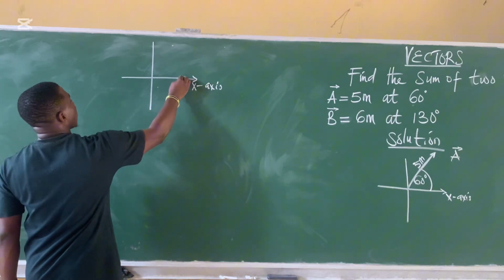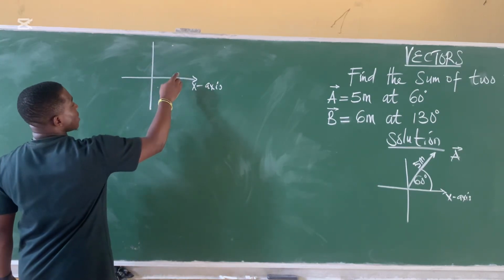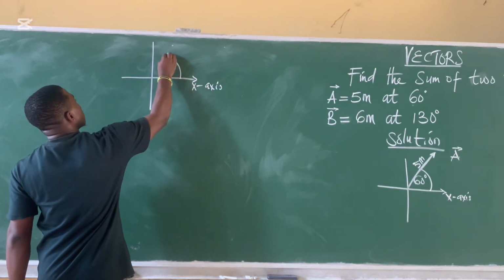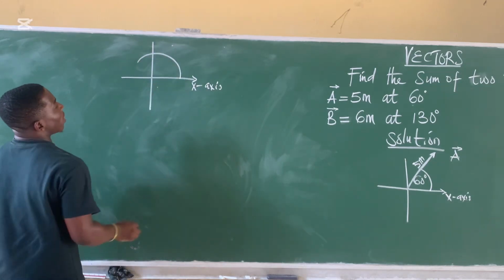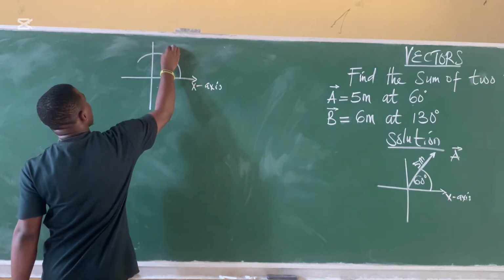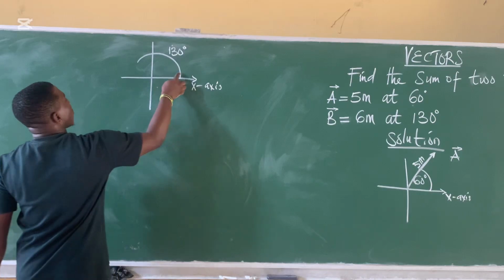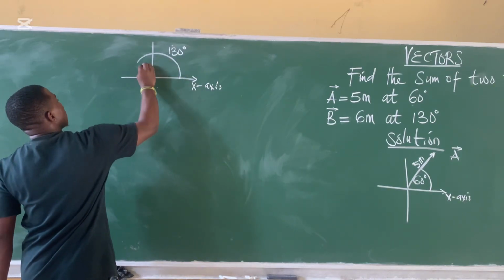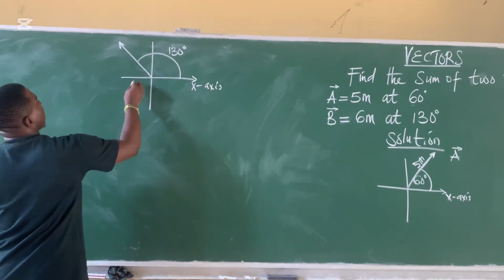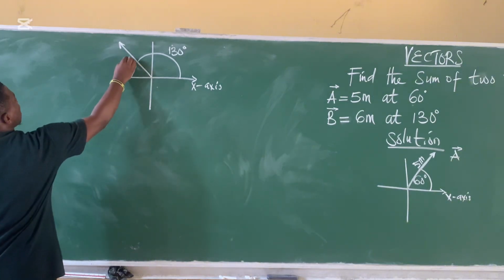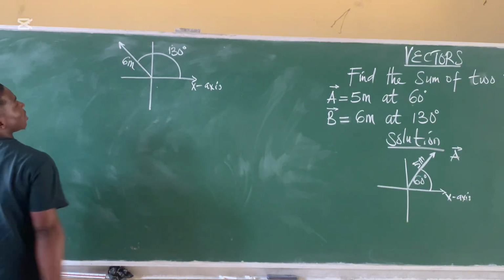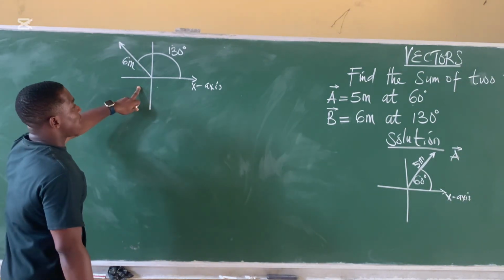So from here, the quadrant is 90, so from here to somewhere here, alright? Vector B, the angle is 130 degrees. Let's call this vector B, and the distance for vector B is 6 meters, okay? So I've sketched that for vector B.